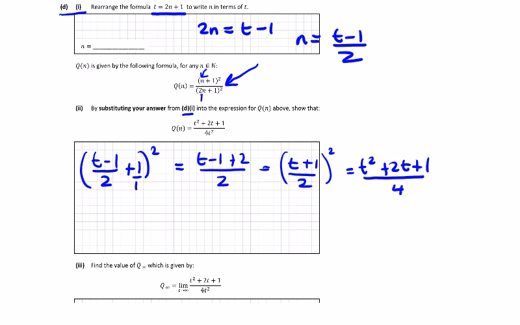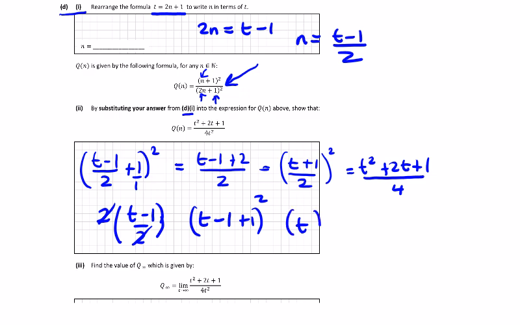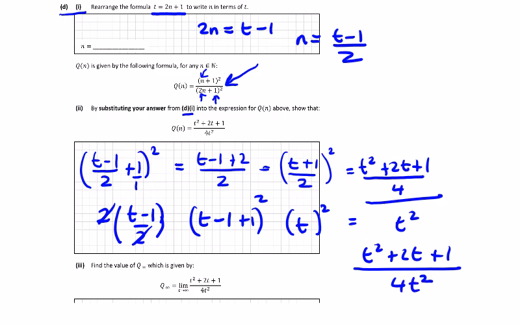The bottom part, 2n is going to become 2 times t minus 1 over 2. So the 2s cancel. So the 2n part just becomes t minus 1. So we're going to have t minus 1 plus this one, which in fact is just t, and it will need to be squared. So this is going to be over t squared, which becomes t squared plus 2t plus 1 over 4t squared, which is what we were asked to show.